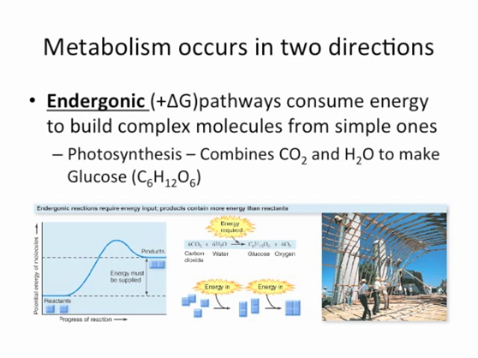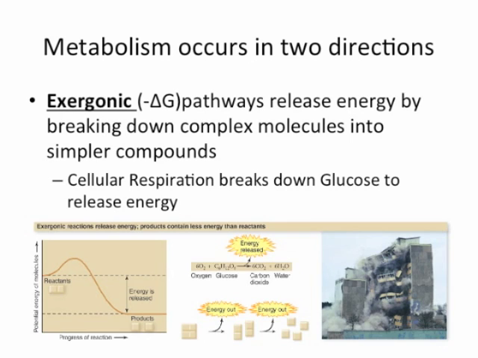Okay. And the opposite of an endergonic reaction is called an exergonic reaction. Exergonic reactions have a negative delta G, and they release energy by breaking down complex molecules into simpler compounds. This is what cellular respiration is.